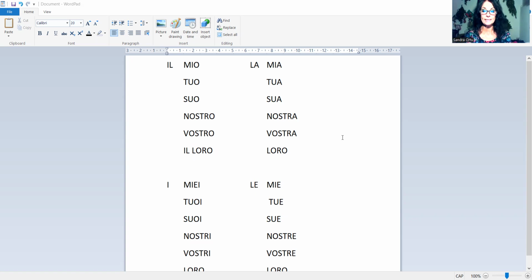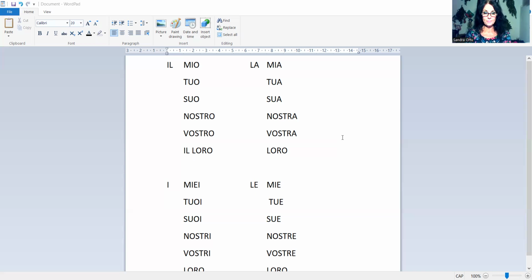So we have il, maschile singolare, in front of any of these. La, femminile singolare, in front of any of these. I, maschile plurale, in front of any of these. And le, femminile plurale, in front of any of these. So this is another difference.